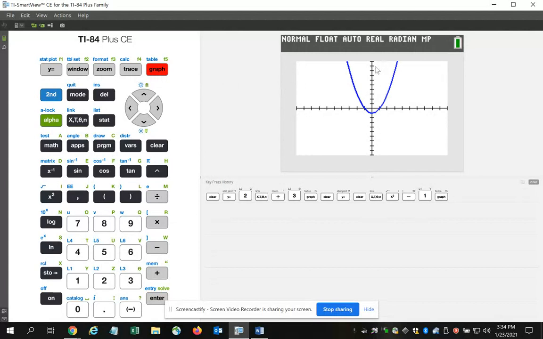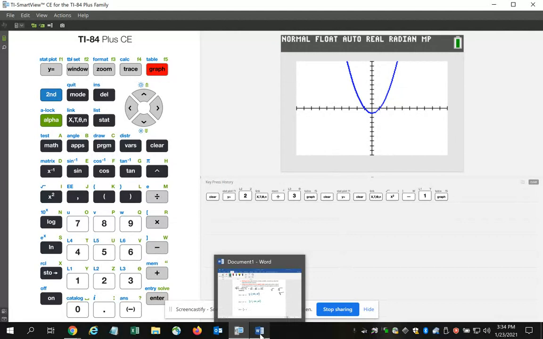Again, it's perhaps not as obvious, but technically this graph goes on and on forever, up on the left and up on the right. And as it goes up, it continues to move out. So again, there's no holes or gaps or breaks. My domain is all real numbers.